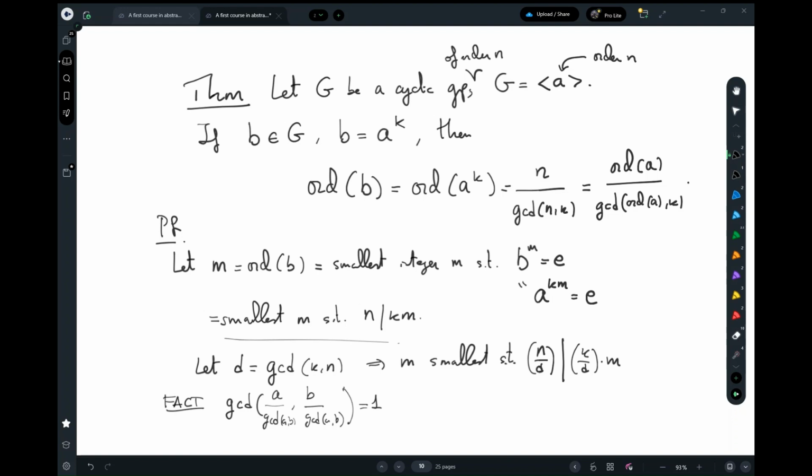Because the GCD of n and K is d, this implies that n divided by d and K divided by d are relatively prime.